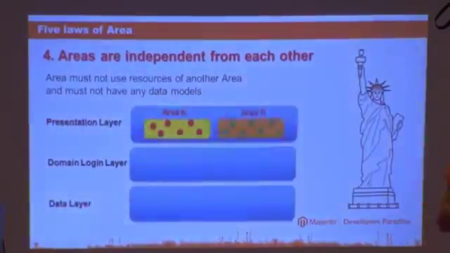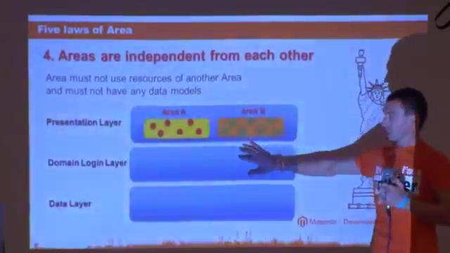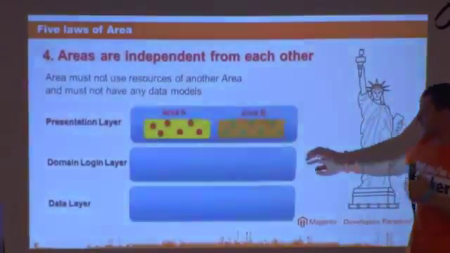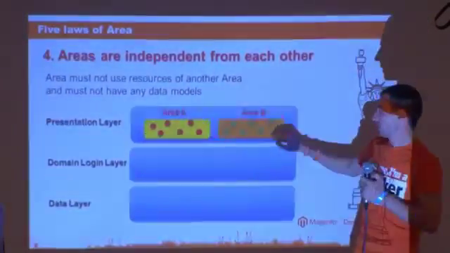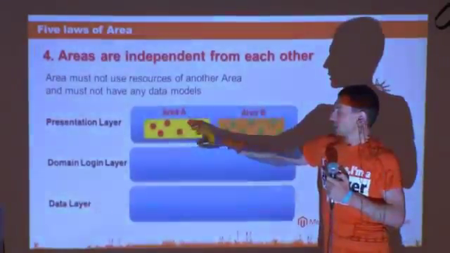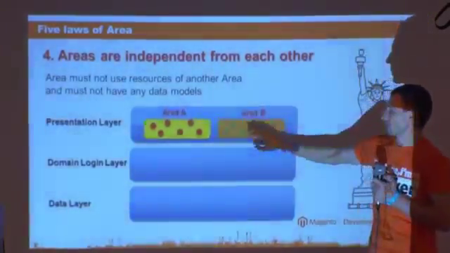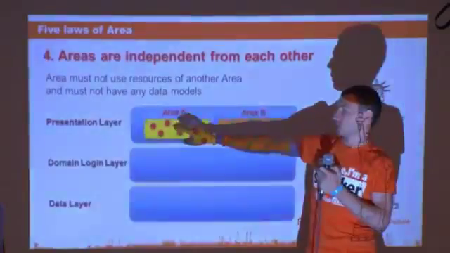And the next one: areas are independent from each other. An area mustn't use resources of another area and mustn't have any data models. As you can see, we have a data layer, a domain logic layer, and a presentation layer, and we have different areas. Each area has its own area resources, and they use just their own resources.